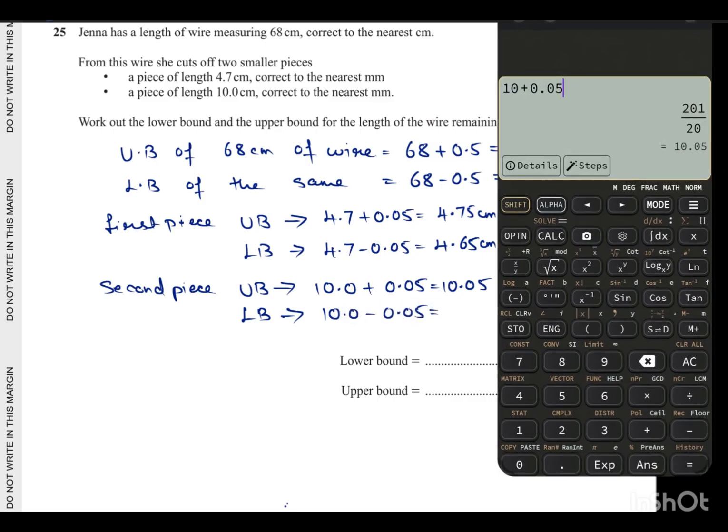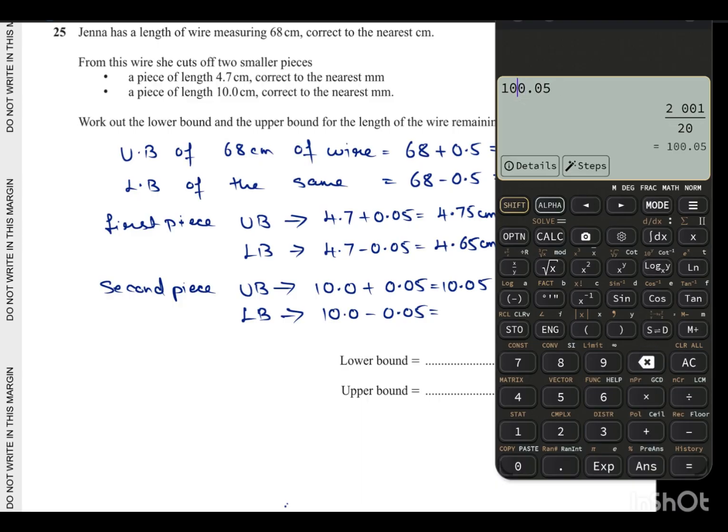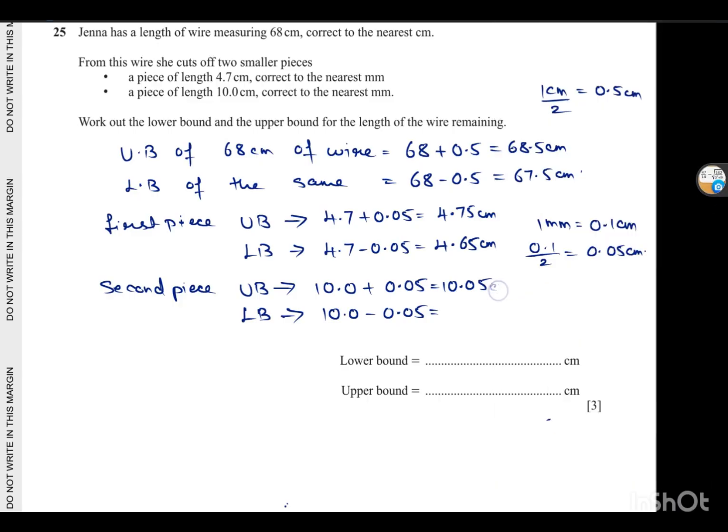So if you do minus, you get 9.95 centimeter. Now for the remaining wire, we'll find out the upper and lower bound.